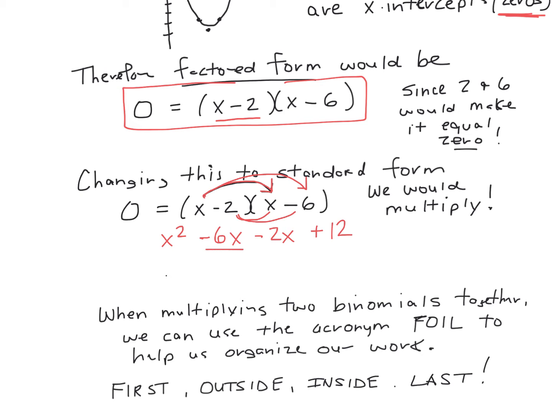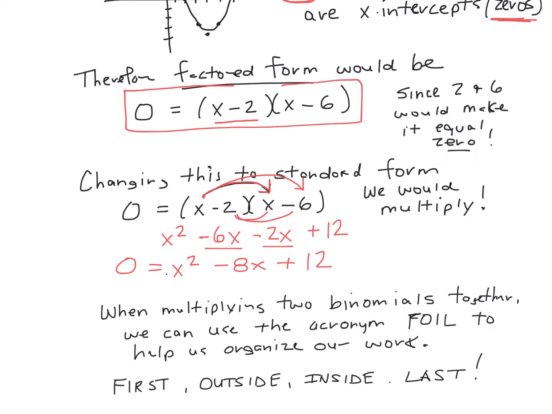You can see we then have like terms. So we'd have x squared minus 8x plus 12. And that would be the quadratic in standard form of the graph above that has 2 and 6 as x-intercepts.